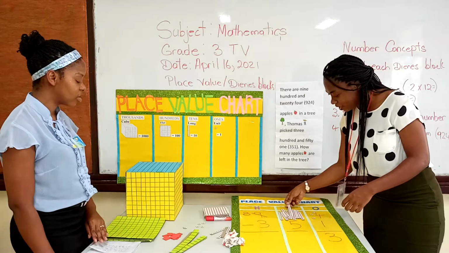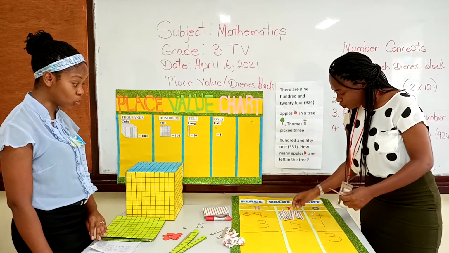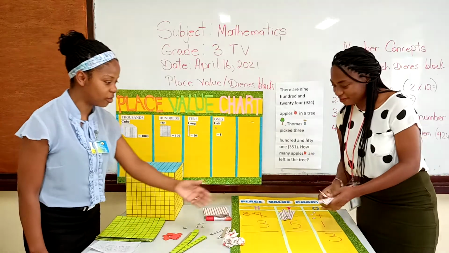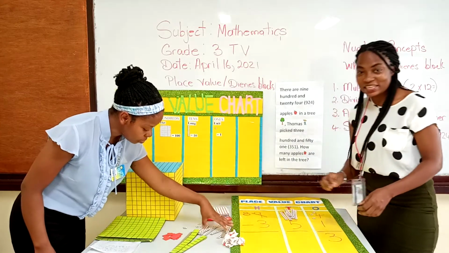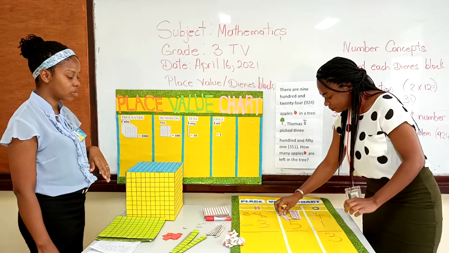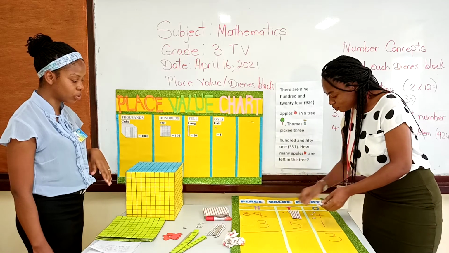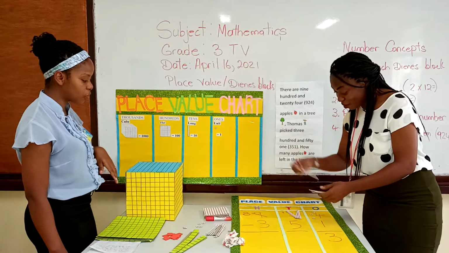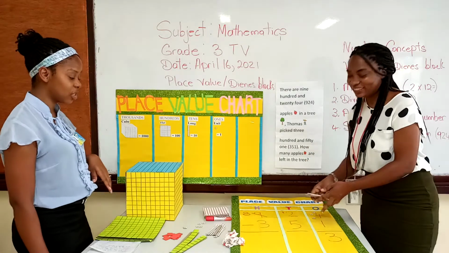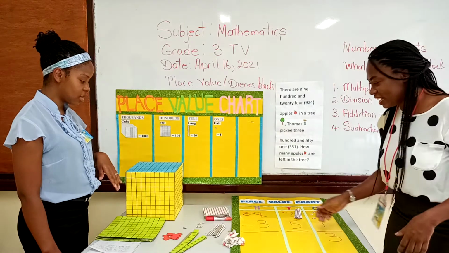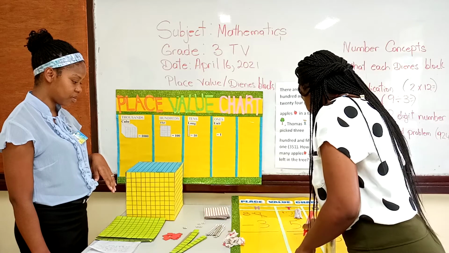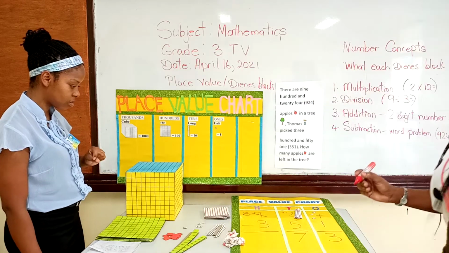So we're going to take away 1, 2, 3, 4, 5. Now let us see how many are left. How many tens are left? 1, 2, 3, 4, 5, 6, 7. Very good. So 7 tens are left, which is 70. All right? So we put our 7.